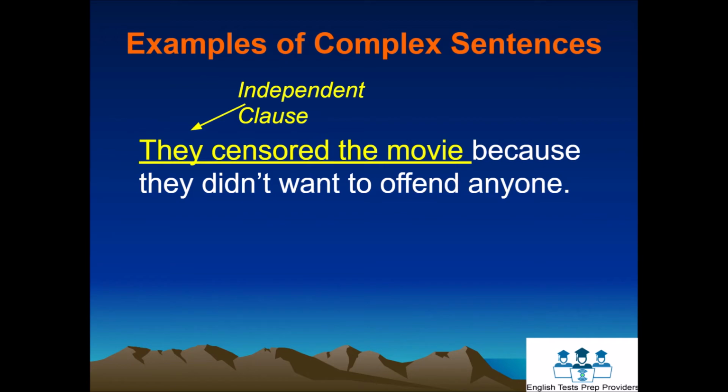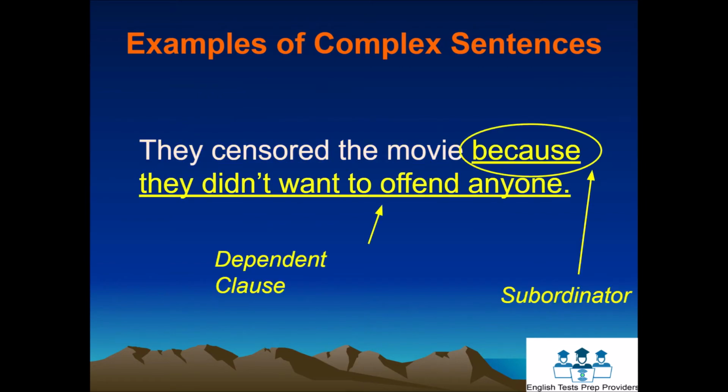Because they didn't want to offend anyone does not convey meaning, so it cannot stand as a sentence. Thus, it is our dependent clause. And aside from that, it is introduced by a subordinator, because.